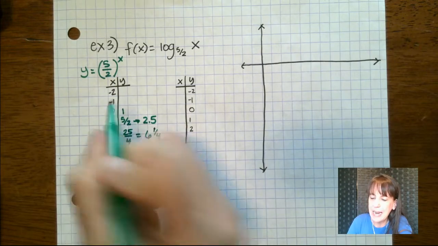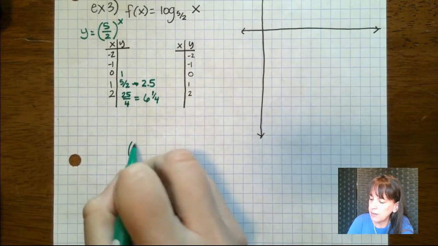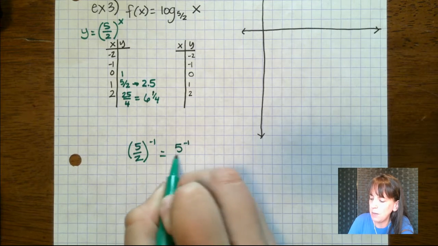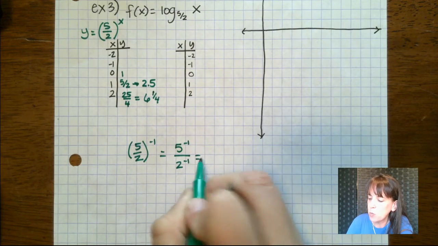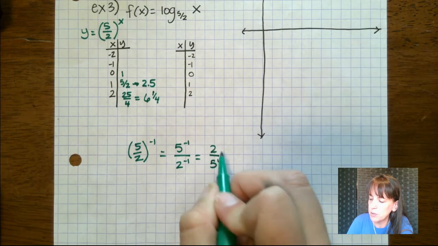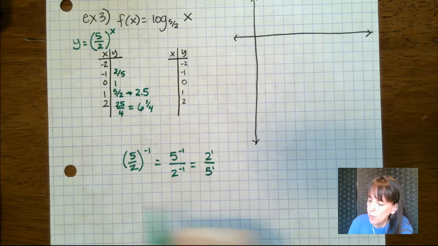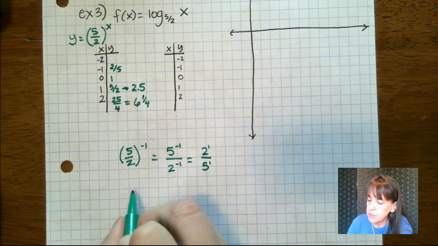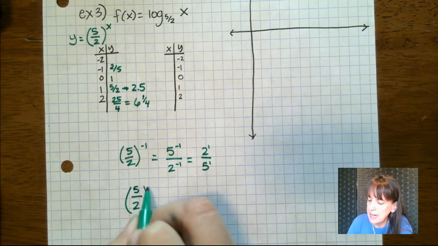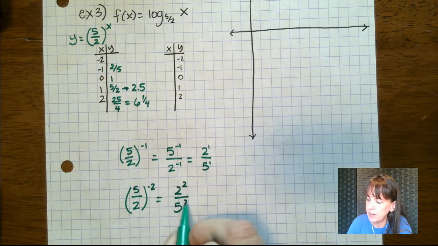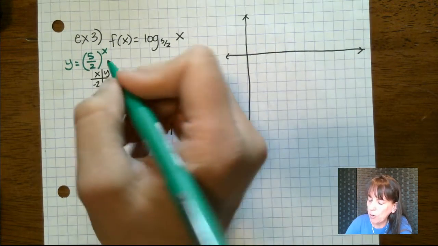Okay, what about -1? Let's do some work here. We've got 5/2 to the -1, and remember that gets distributed to the top and to the bottom. Now swap those around, we get 2 to the 1 over 5 to the 1, which is just 2 over 5. We're going to do the same thing with -2. So we've got 5/2 to the -2. Swap those around, we get 2 squared over 5 squared, so we get 4 over 25.